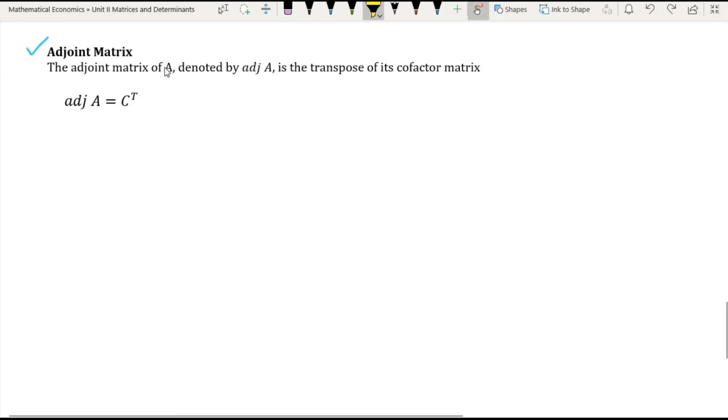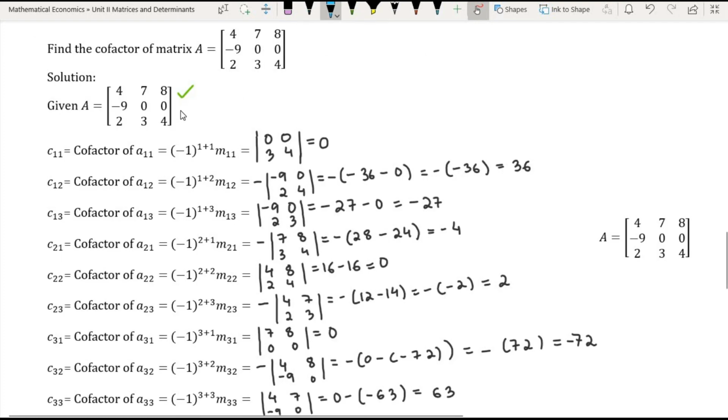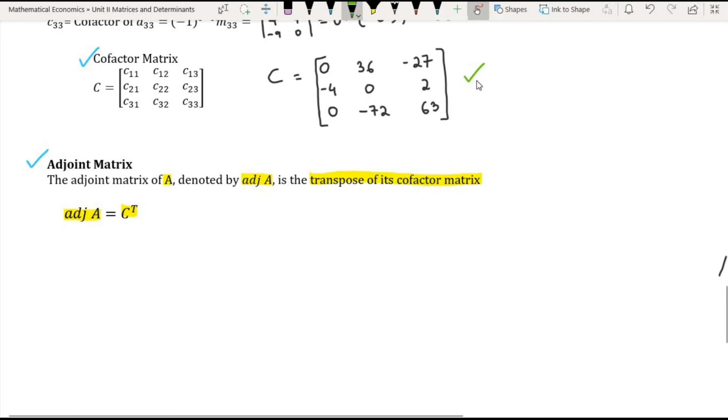The adjoint matrix of, say, matrix A denoted by ADJA is the transpose of its cofactor matrix. ADJA, that is the adjoint matrix of matrix A, is equal to C to the power T, that is the transpose of its cofactor matrix. In our case, the adjoint matrix of the given matrix A can be written as, this is the cofactor matrix of matrix A which we have found.